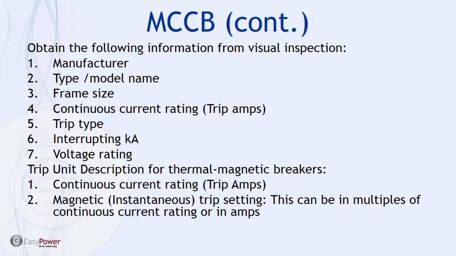So we're looking for manufacturer, type and model, frame, continuous current rating, usually on the face of the breaker itself, the trip type, and the interrupt rating, and then the information for the trip unit description itself in terms of the rating or the trip settings.